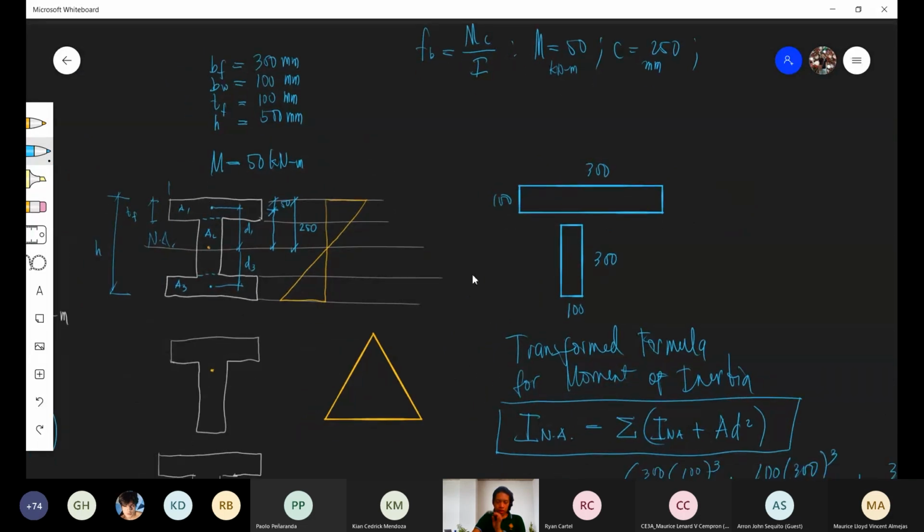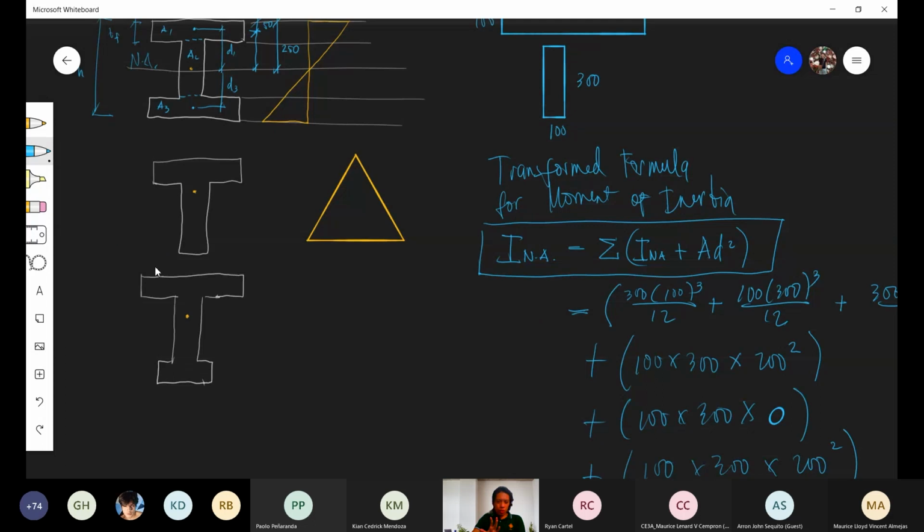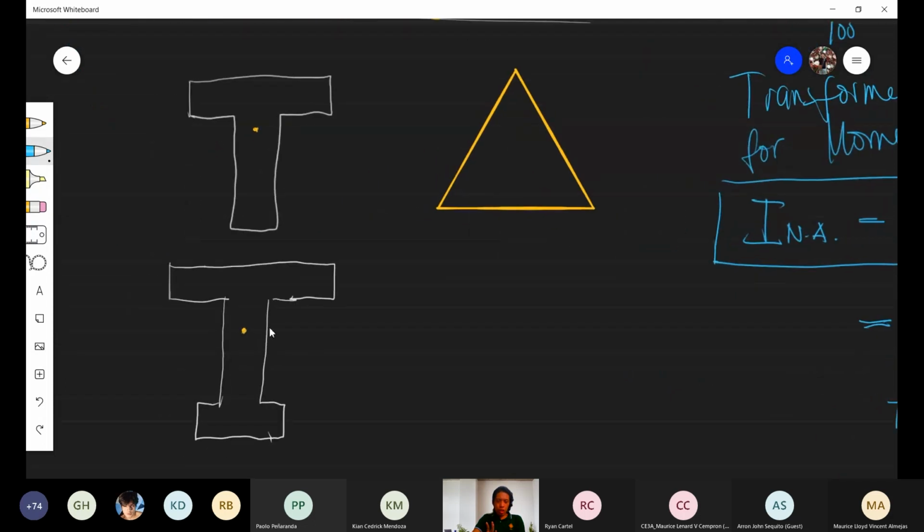What I'm trying to point out is that this should have been discussed in statics of rigid bodies. If you can't recall, try to recall.